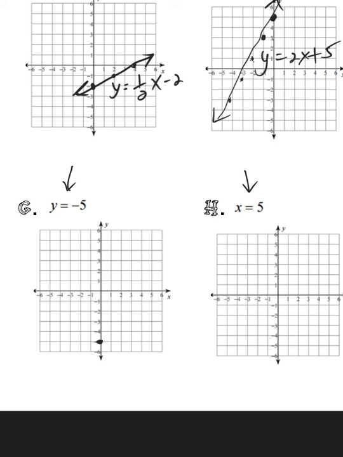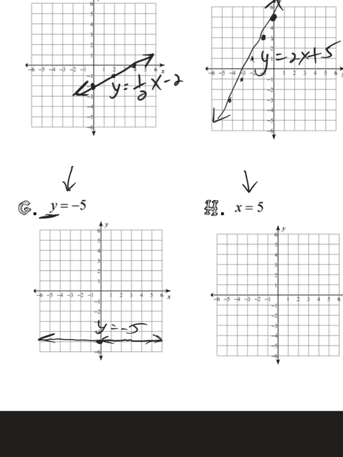To know which one you have really depends on what letter you have that is equal to the number. In this case, it says y equals -5. That means that this line is going to go through -5 on the y-axis, and it is going to pierce the y-axis. This is the line y equals -5.